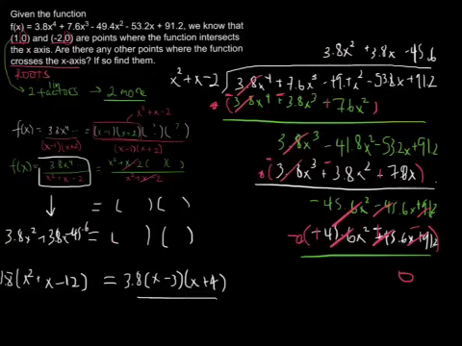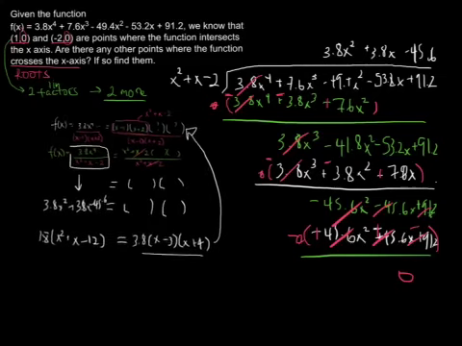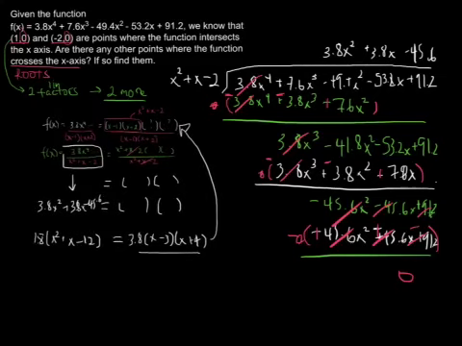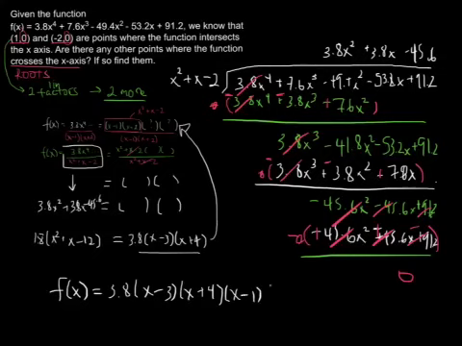So I can take these two factors and put them where I originally had my two factors that I didn't know. Now I do know them. And so my entire polynomial is simply this: f of x is 3.8, I'm going to write that out front, times x minus 3 times x plus 4 times x minus 1 times x plus 2.